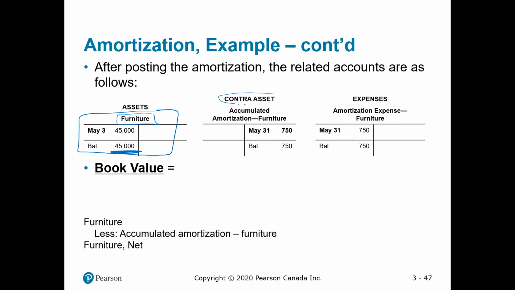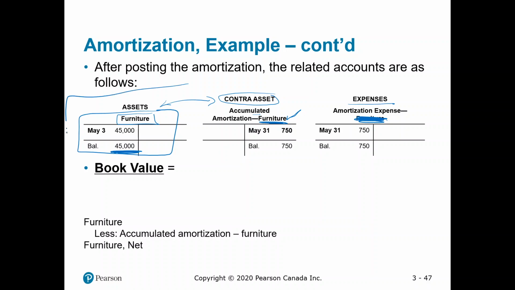Instead, we've used our contra asset account. So these are linked to each other. And it's noted here that it's the accumulated amortization for furniture. And then we've got our expense for the amortization expense. And the textbook goes through and has them broken out, but we actually will just use one amortization expense account. You do need to specify with the accumulated which one it is, but not with the expense.